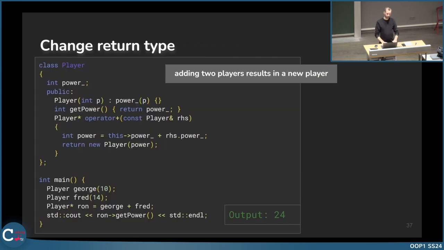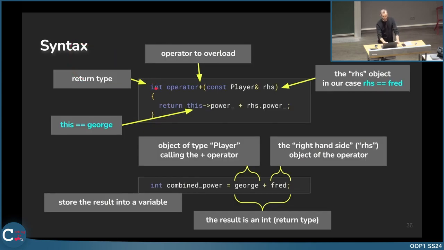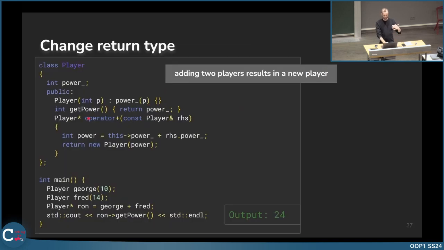Maybe a few examples would make it also more clearer here. So as I said before, we are not bound to having here an integer return type. We could also say when we add George and Fred, we want to create a new player with the combined power of both.